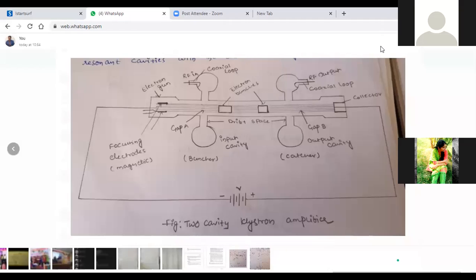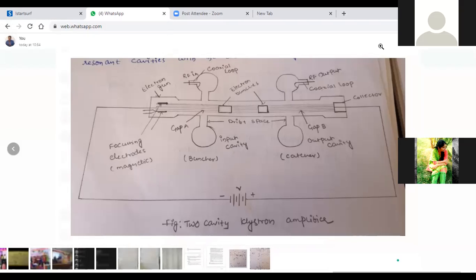Here a high velocity electron beam is formed, focused and sent down along a glass tube through an input cavity, this is the input cavity, then through a field-free drift space and an output cavity to a collector electrode or anode.